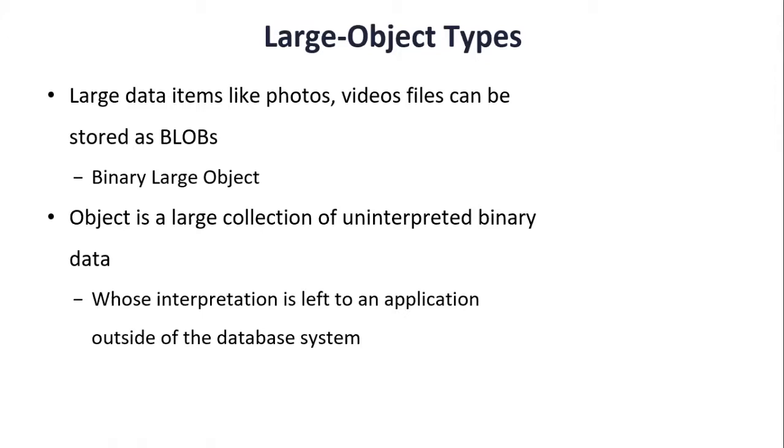So if we store an image as a blob, the database is not going to be concerned about the actual representation of this data, whether it's an image or an application or a Word file. It doesn't matter for the database. All it knows is that it's a binary file, and it doesn't know how to read or interpret it. So that is left to whatever application this data will be used by.